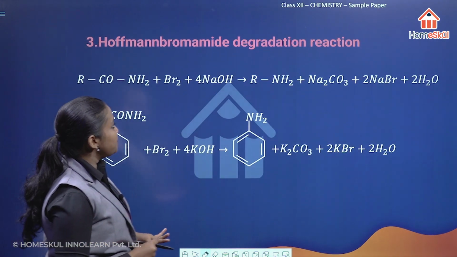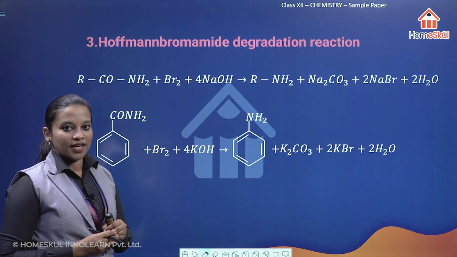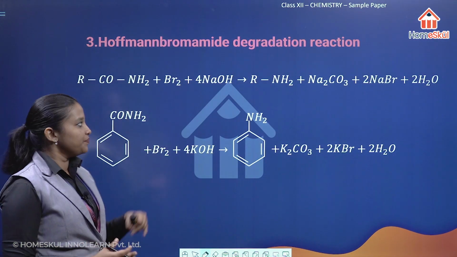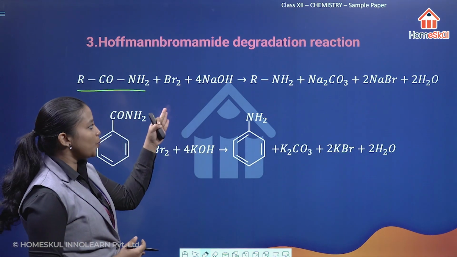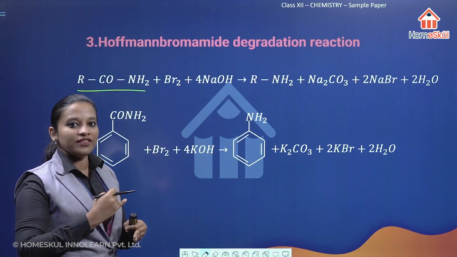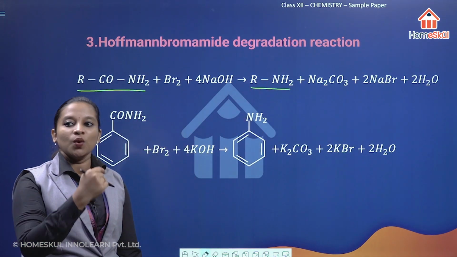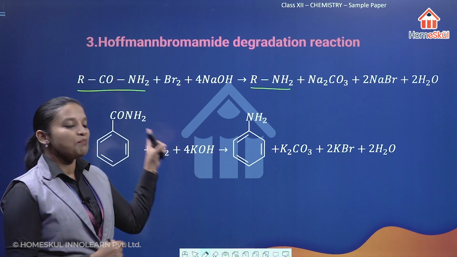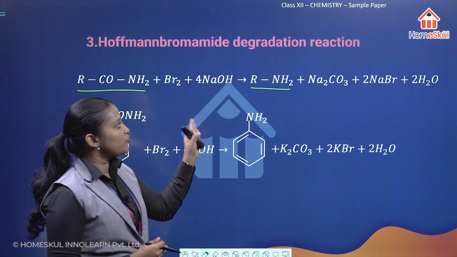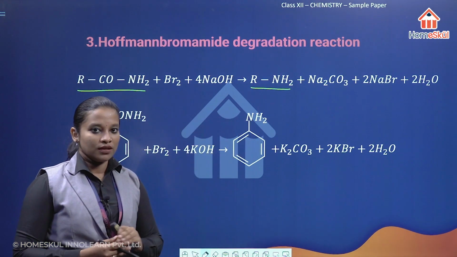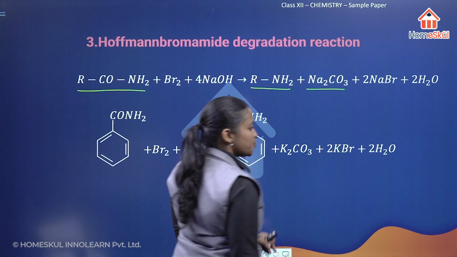Next, the Hofmann bromamide degradation reaction. In this reaction, an amide reacts with bromine and NaOH and results in the formation of an amine which has one carbon atom less than the parent amide. The byproducts are sodium carbonate, NaBr and H2O.